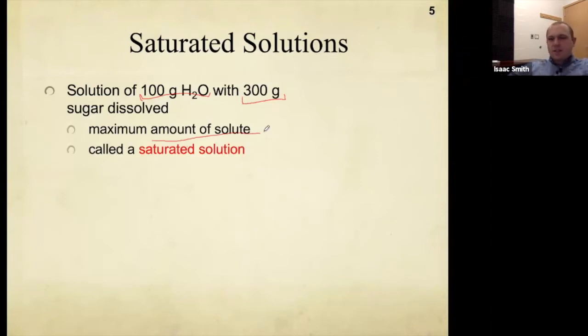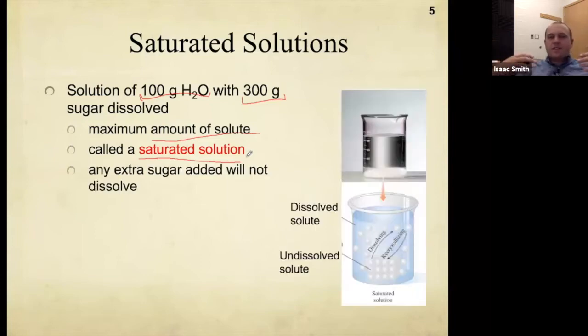And this is called a saturated solution. I think that term is pretty self-explanatory. It's the most sugar you can put in 100 grams of water, right? Any extra sugar that gets added on top of that won't be able to dissolve in the water, because once you reach your saturation point, you can't dissolve more sugar in the water. Any extra sugar that goes into that already saturated solution won't dissolve, and it will just look like sugar in water.